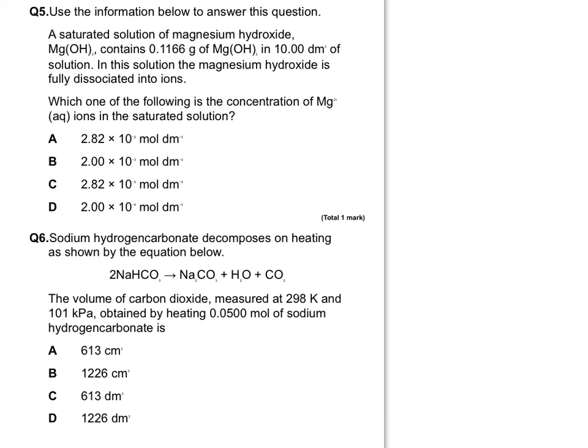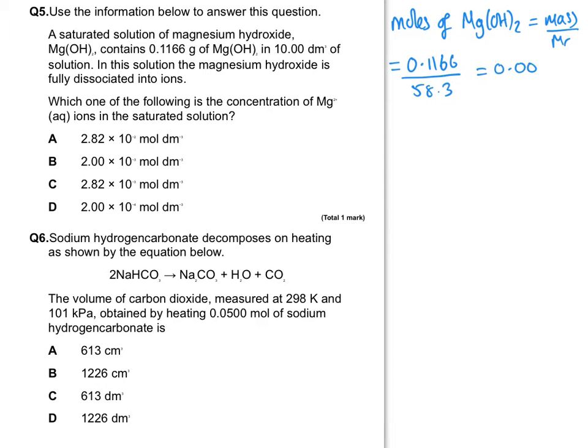Okay, for this question, we're going to start by working out the moles of magnesium hydroxide. So we're going to use mass over MR, which is the mass given in the question divided by the MR. Okay, from that we can then work out the concentration.